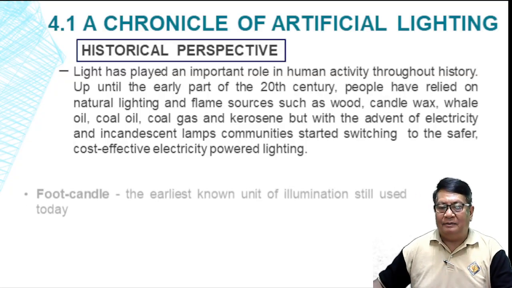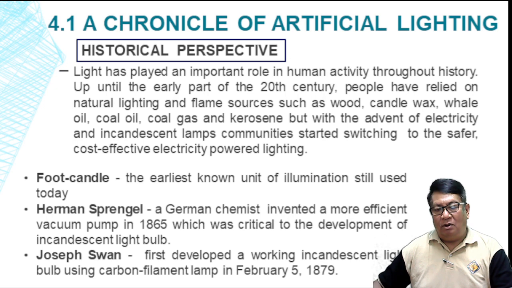artificial lighting. We have a unit of illumination which is still being used until now, the foot candle. Then a German chemist, Hermann Sprengel, invented a more efficient vacuum pump in 1865, which was critical to the development of the incandescent light bulb.